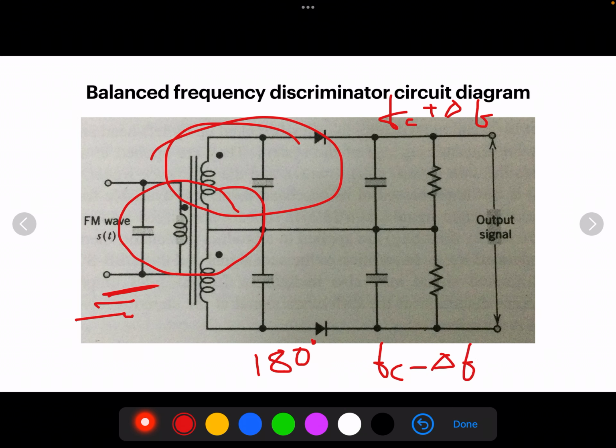The lower tuned circuit of the secondary is tuned below Fc by delta F, so it is Fc minus delta F. And you have an envelope detector here, that is a diode and an RC component.